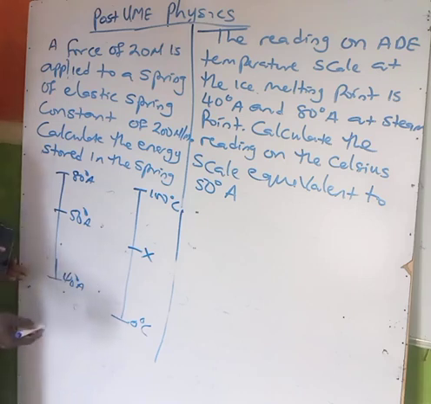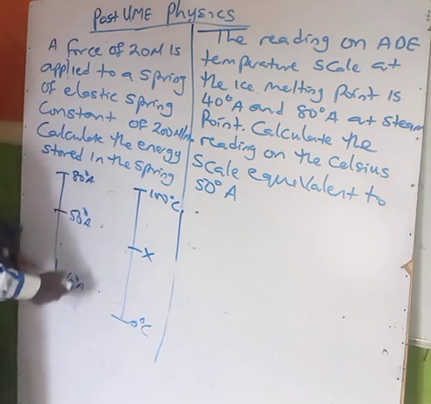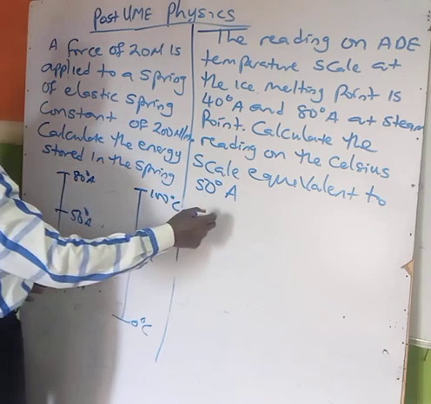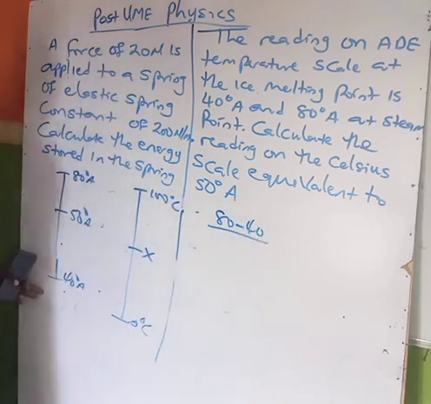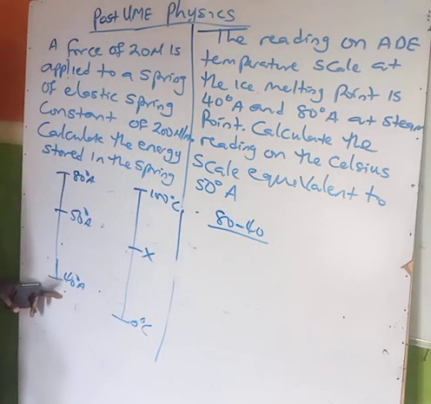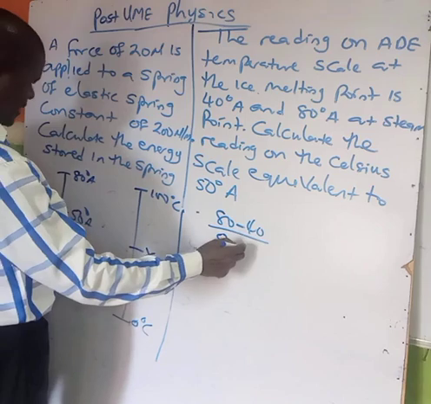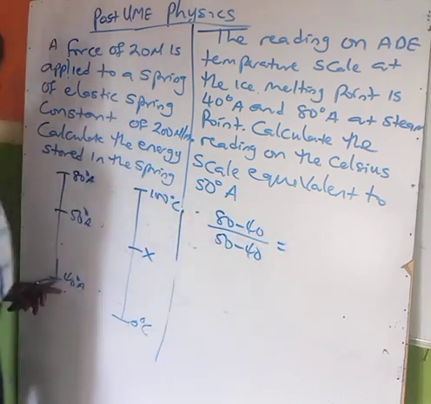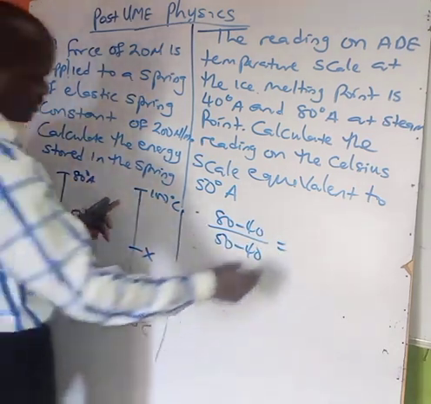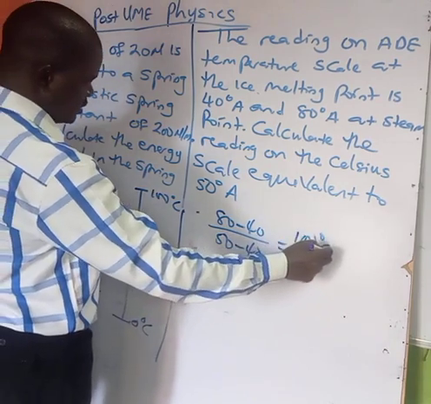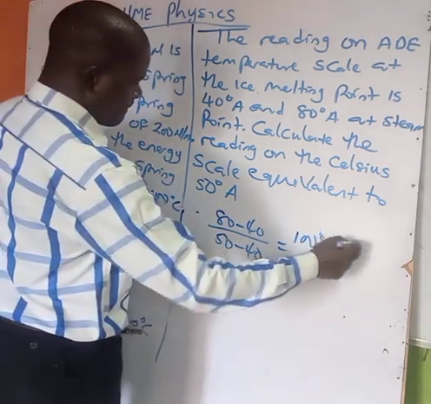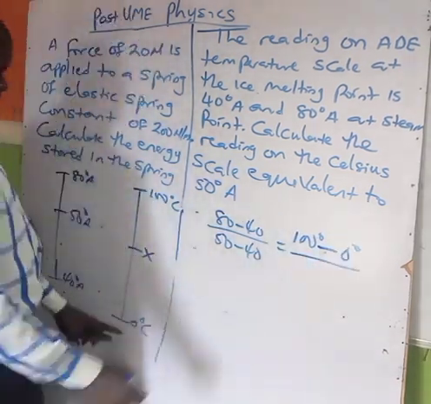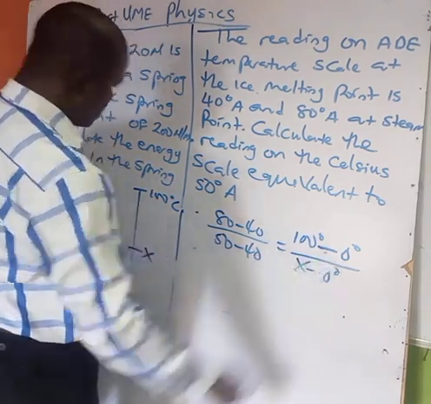So you want to calculate it like this: 50 minus 40 over 80 minus 40 is equivalent to x minus 0 over 100 minus 0.